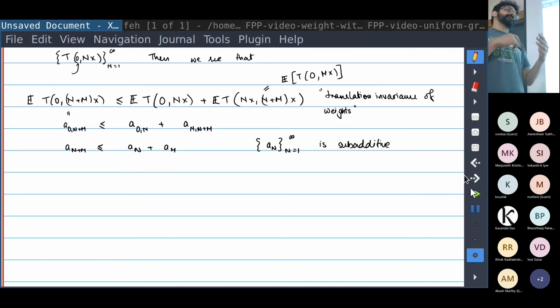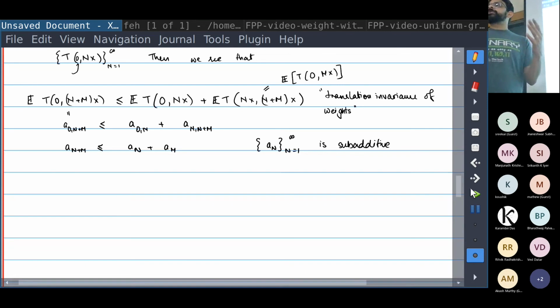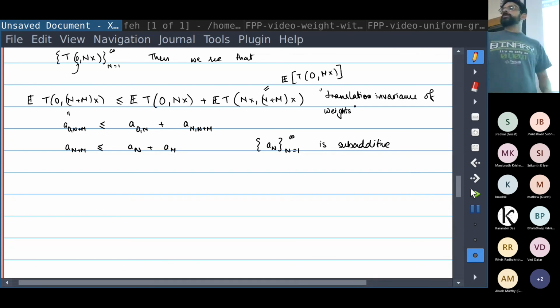T by itself satisfies the triangle inequality, but I'll get a two parameter subadditive sequence here. You see, I don't get direct subadditivity in the sense that T(0, (n+m)x) is smaller than or equal to T(0, nx) plus T(0, mx). I get some sort of shifted version, but averaging and using stationarity, I can say that this is the same in distribution as T(0, mx), and so the expectations are the same. So I'll get a sequence. The shifting only gives you it in law. Yes.